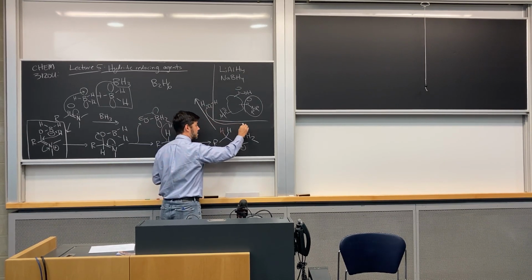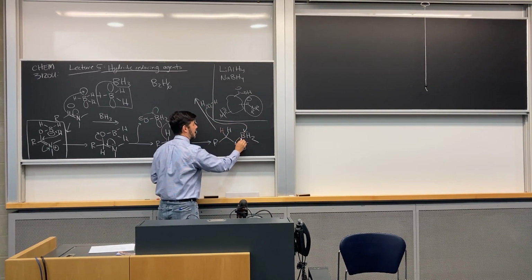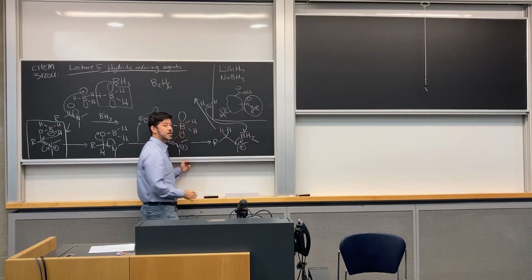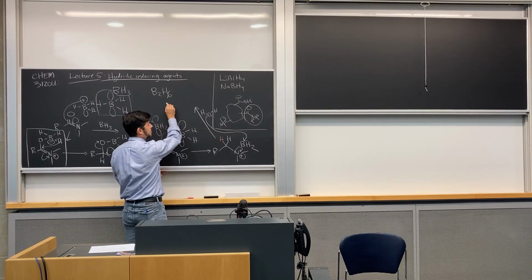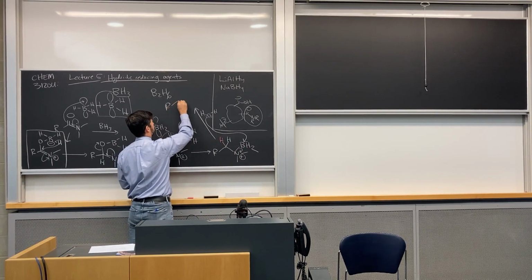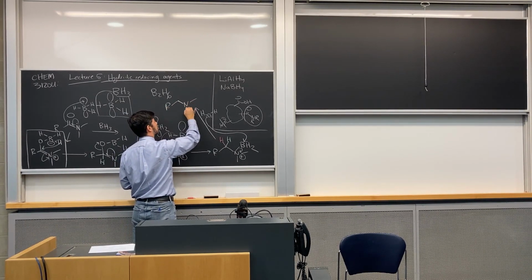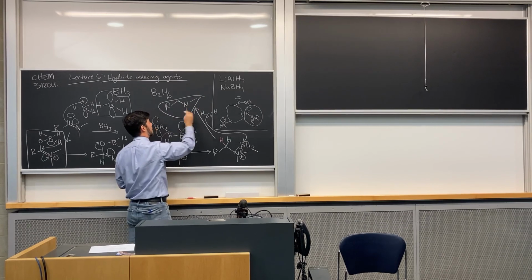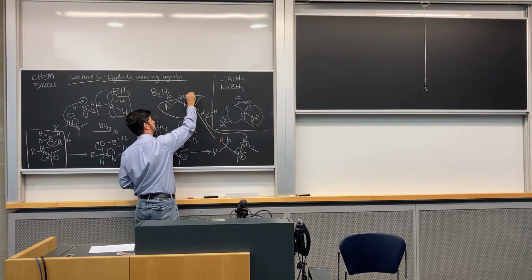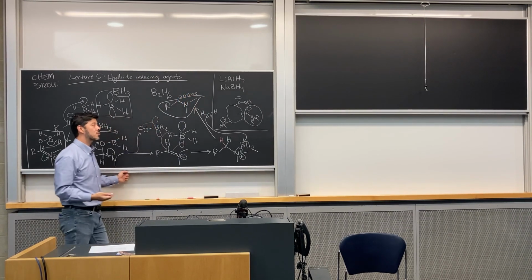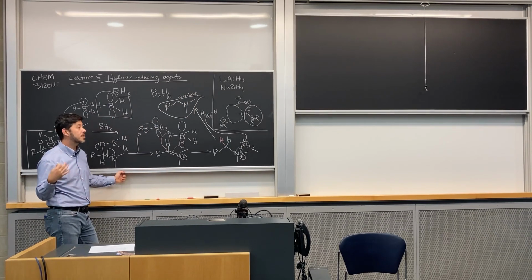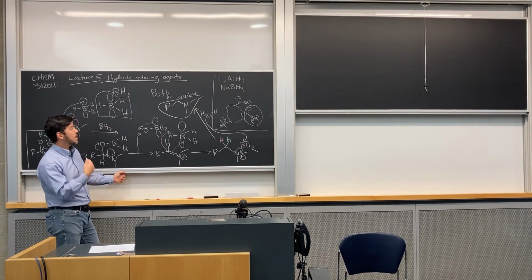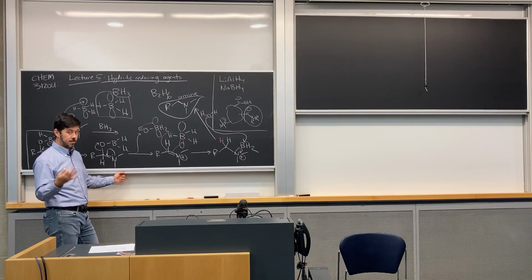It's going to be attracted to the boron, and then it's going to release off that boron-nitrogen bond to yield our final product, which is an amine. Okay, so we generate the same product like we would with lithium aluminum hydride. However, the mechanism, as you can see, is different.